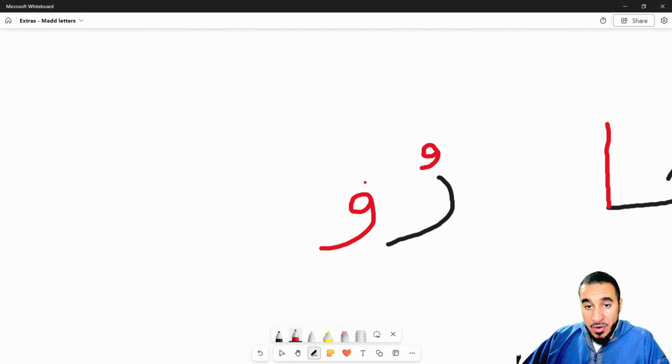We can choose to write the sukoon or just write nothing. Remember, if a letter has no haraka above it, it means that it has a sukoon above it, okay? So we can choose to write a sukoon above these two letters, or we don't have to write them. We can just leave it blank, but we know that there is a sukoon above it.